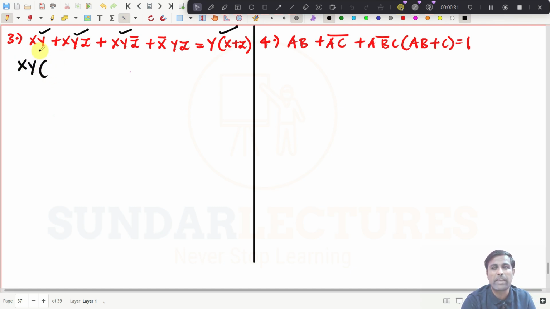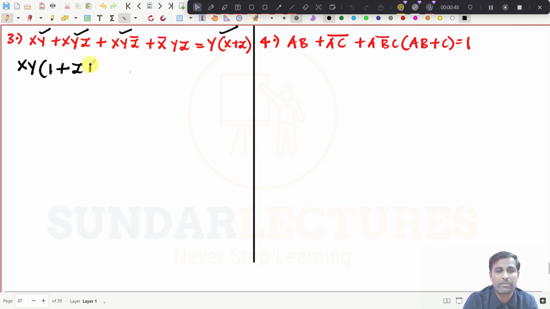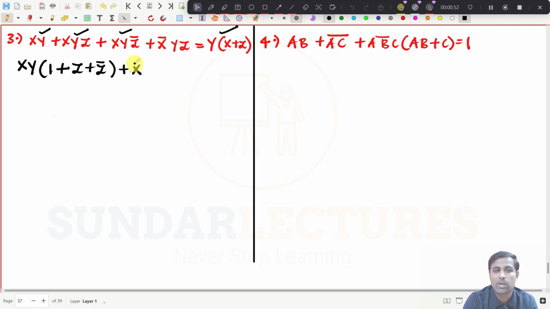You try to make one particular value 1, so that whatever is added with it becomes directly 1. Always go like that. So this is 1 plus z, plus z bar, and then plus x bar y z.